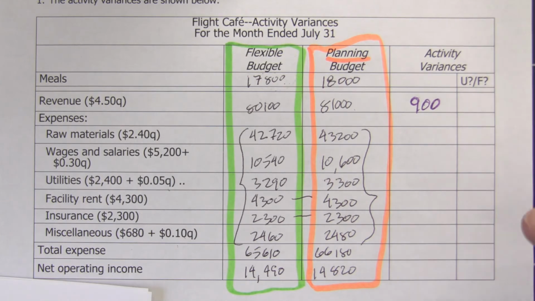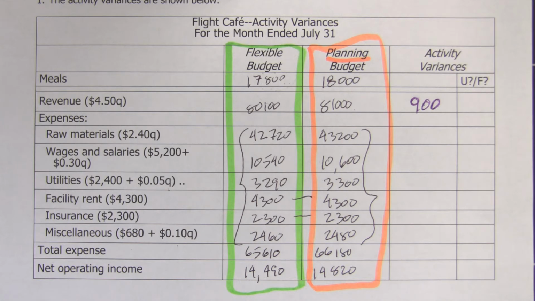Now, you guys generally tend to make a big deal out of variances. Are they favorable or unfavorable? And you try to do the add and subtract. If it's positive, is it favorable? If it's negative, is it favorable? Forget all that.